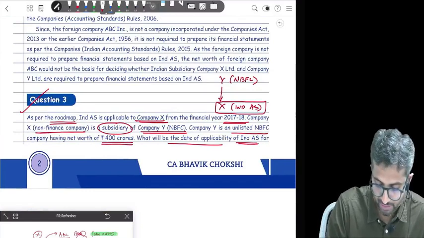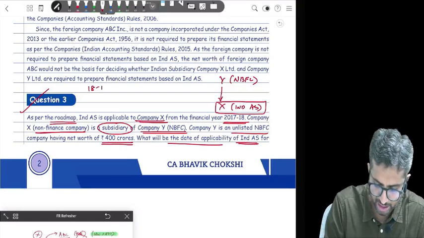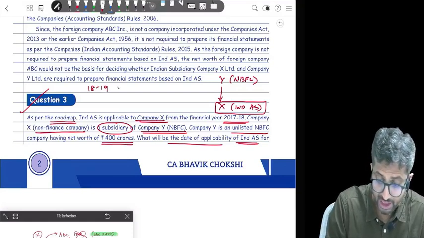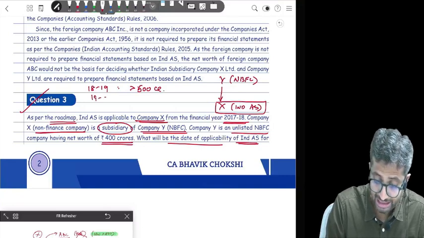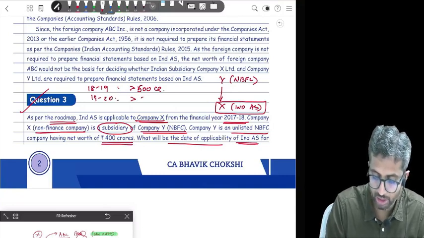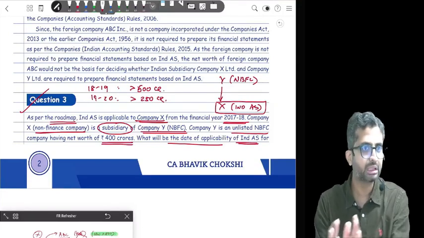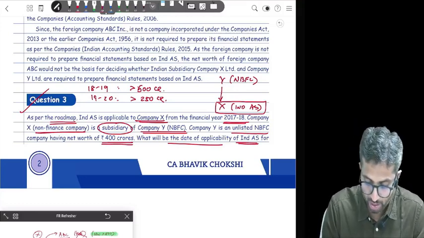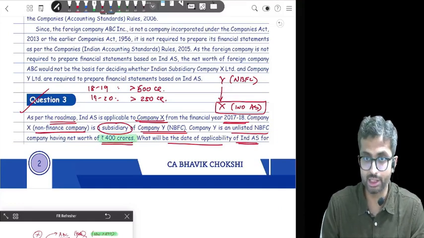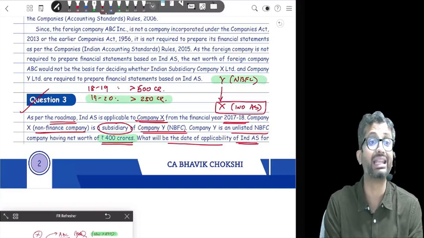So when I go to the year 16-17 +2, that is the year 18-19, my NBFC has to have a net worth of greater than 500 crores. Is it greater than 500 crores? No. In the year 19-20, my net worth has to be greater than 250 crores. Is it greater than 250 crores? Yes. Assuming the net worth continues to remain the same, my net worth is 400 crores. So the earliest that the NBFC will follow the Ind AS is the year 19-20.